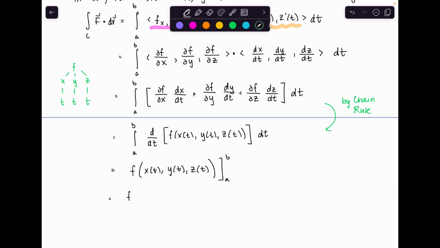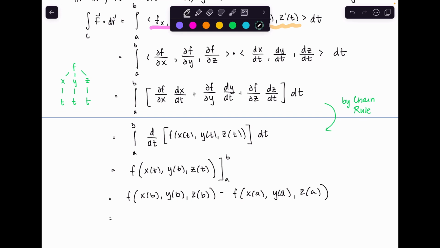So this really gives you f of x of b, y of b, z of b, minus f of x evaluated at a, y evaluated at a, z evaluated at a.